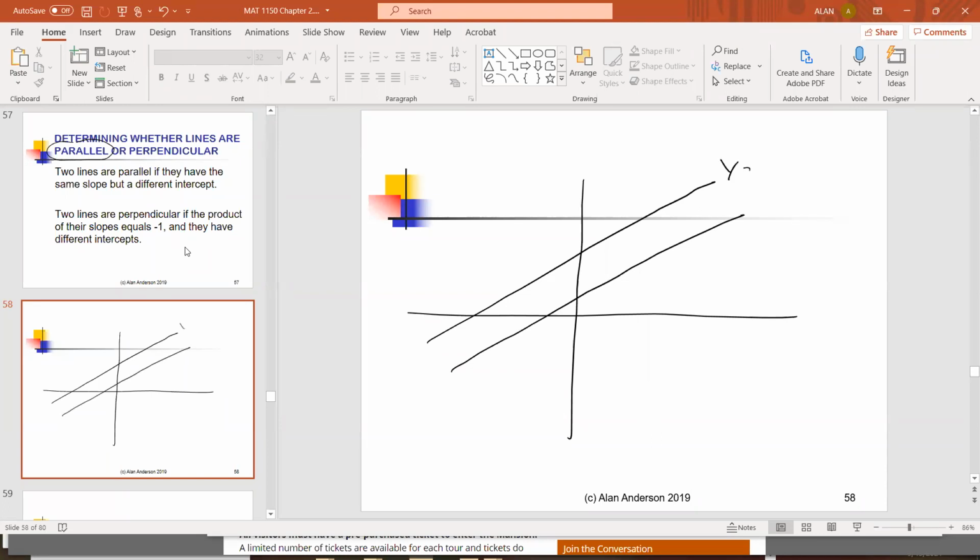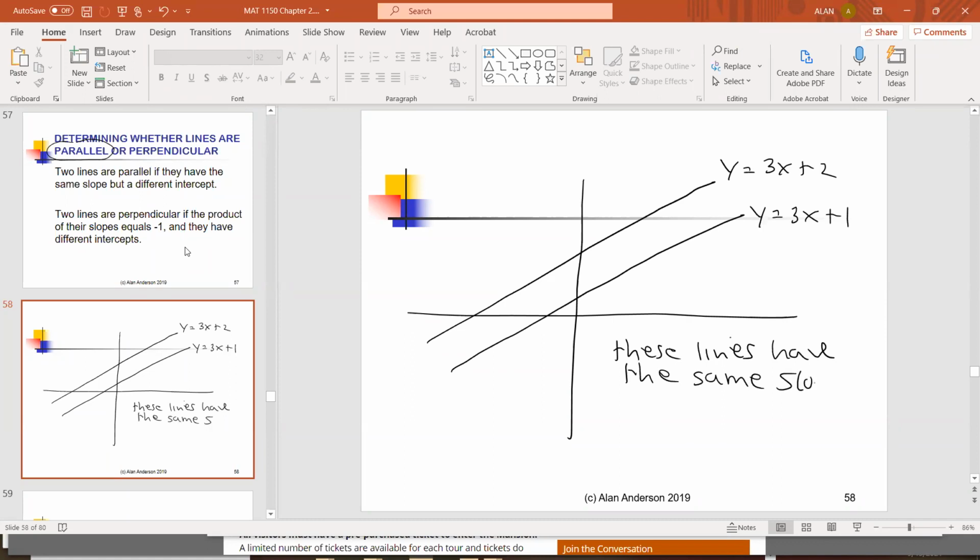Okay, so if we have y equals, let's say 3x plus 2 and y equals 3x plus 1, these lines have the same slope, but clearly not the same intercept, of course. And that's all it takes to conclude that they are parallel.